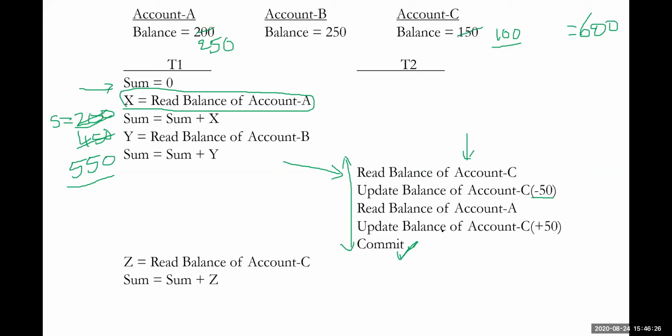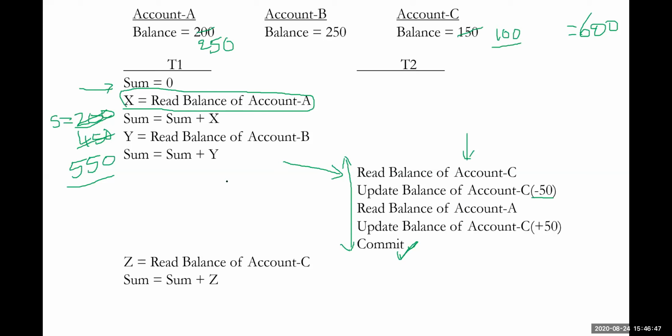Some value has been missed here. That kind of problem is called unrepeatable read. These are the three problems where concurrency pushes the state of your database from a consistent state to an inconsistent state.